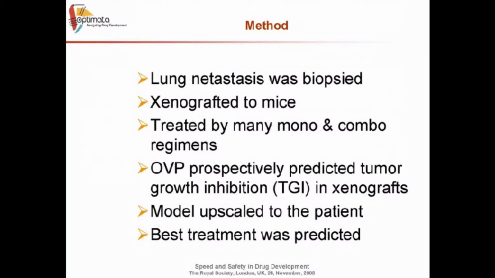And our virtual patient implemented the details of the xenografts to be able to predict what will happen to those mice, each one of them treated by a different drug schedule. And when it was validated to be accurate, then the model was upscaled to the real patient, and we predicted the best treatment for the individual patient.